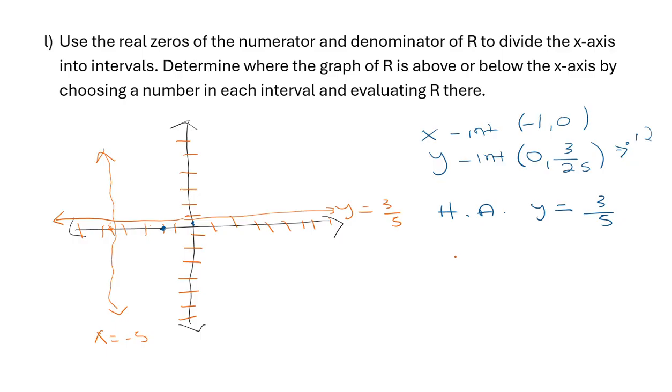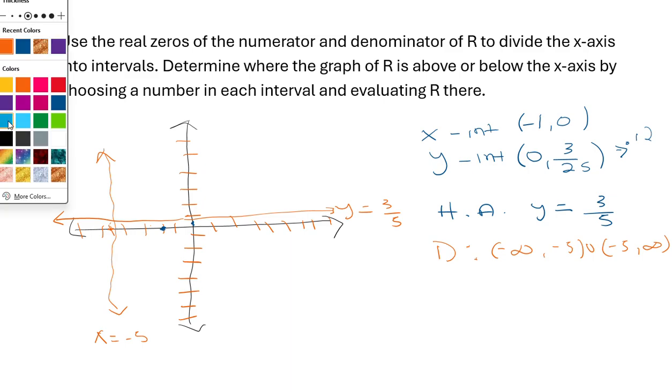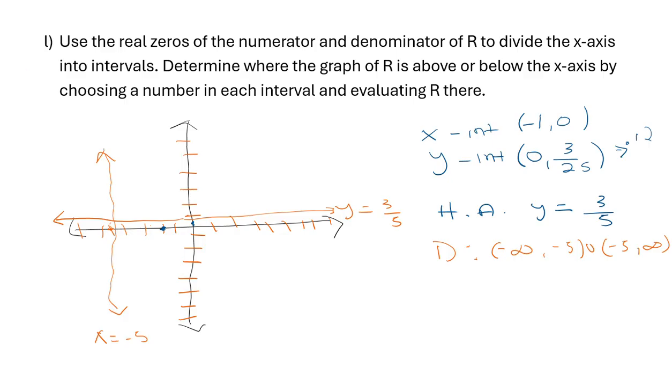I also know my domain, -infinity to -5, union -5 to +infinity. Now I need to find some intervals that will help me determine when the graph is above or below the axis.